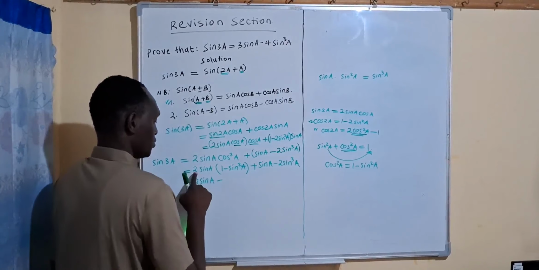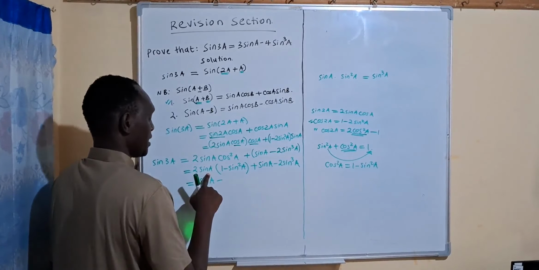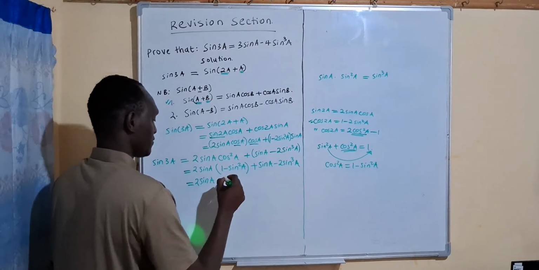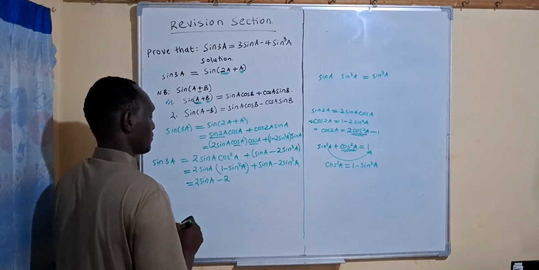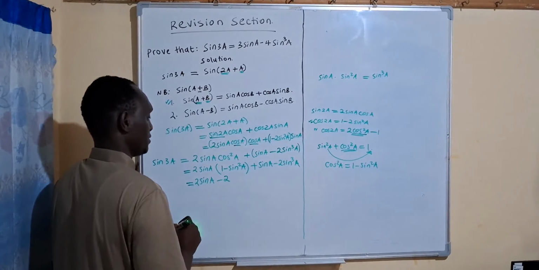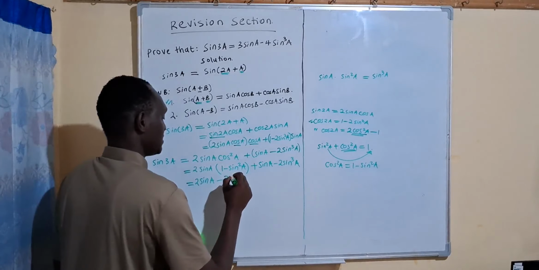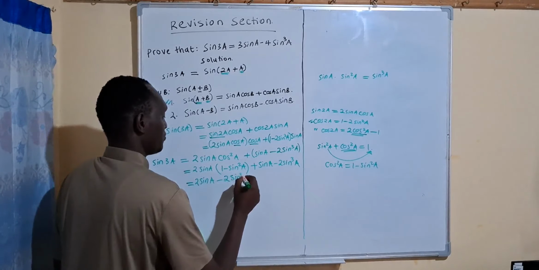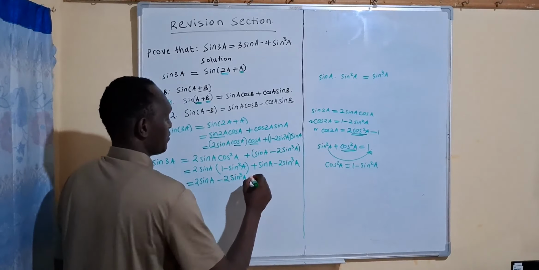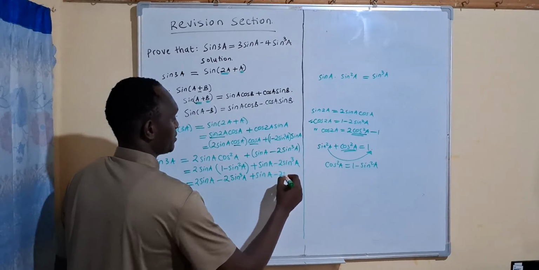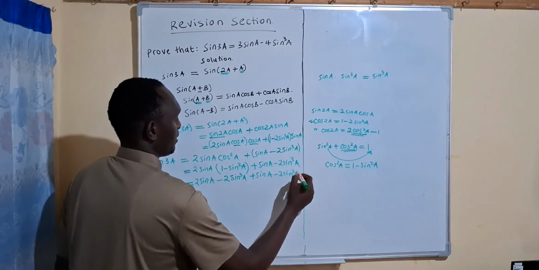Minus 2 sine a times sine square a. 2 is a constant. So sine a times sine square a gives us sine cubed a. Then proceed. Sine a minus 2 sine cube a.